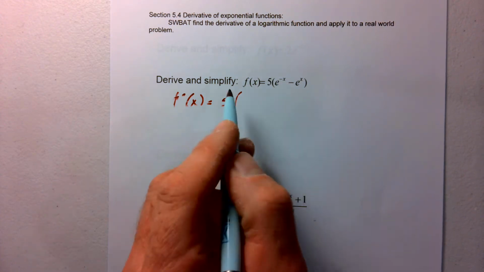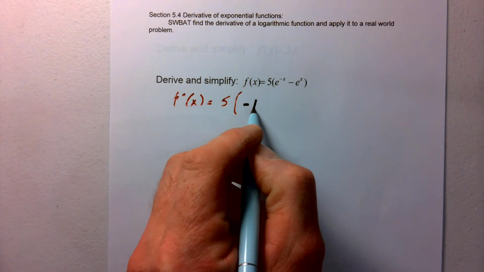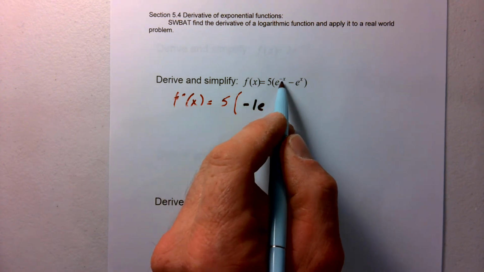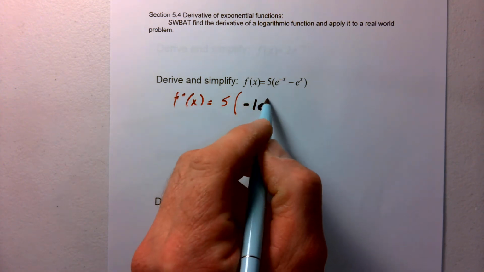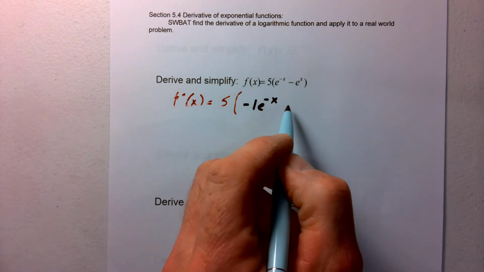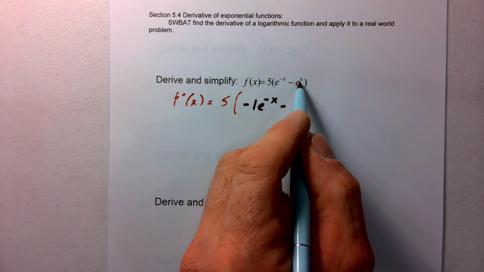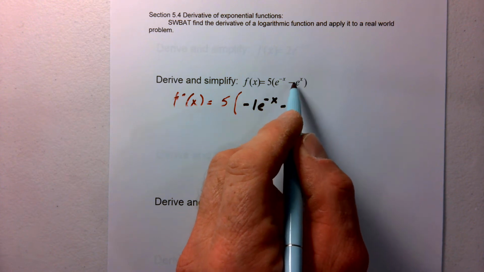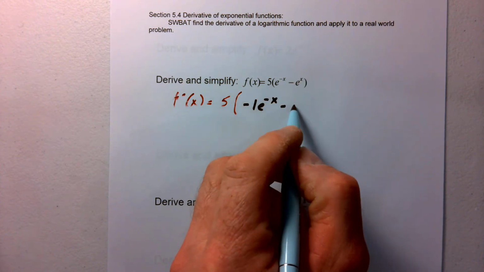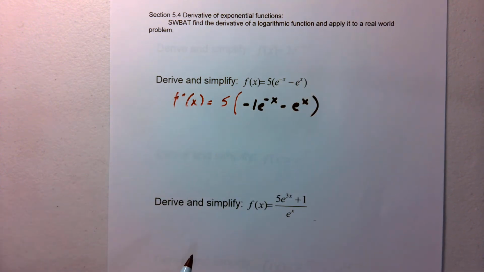So the derivative of negative x is going to be negative 1 e, and then that negative x exponent is going to stay the same. Minus derivative of e to the x, which we again recall from the very previous video, derivative of e to the x is, of course, e to the x.